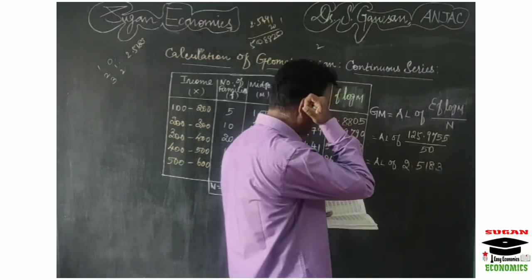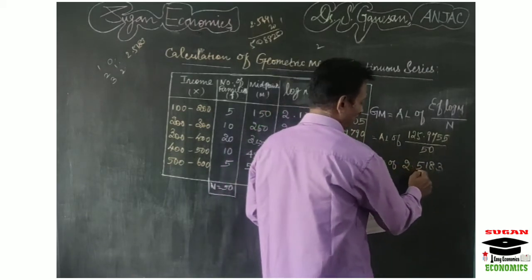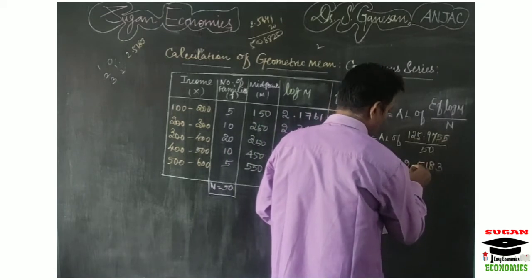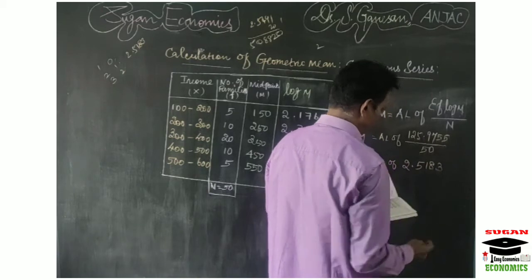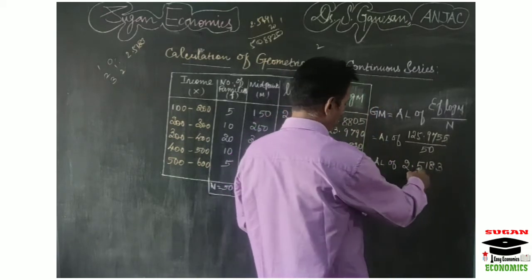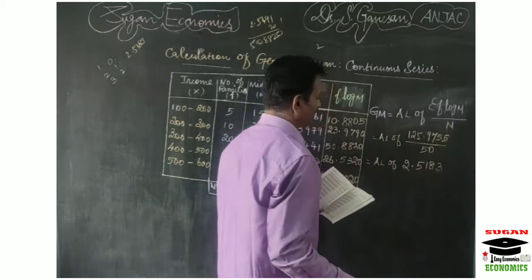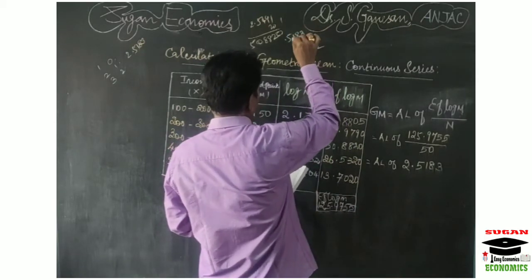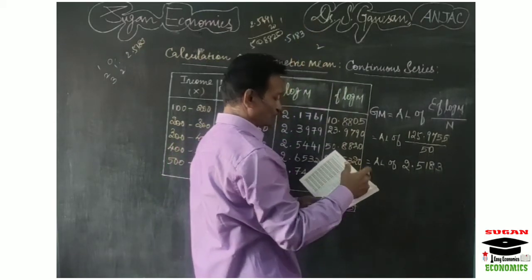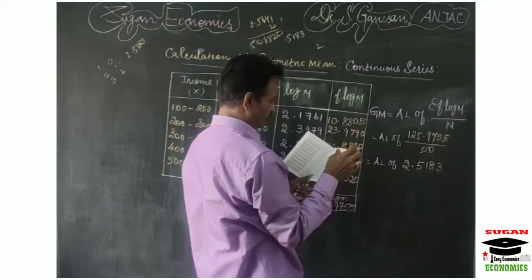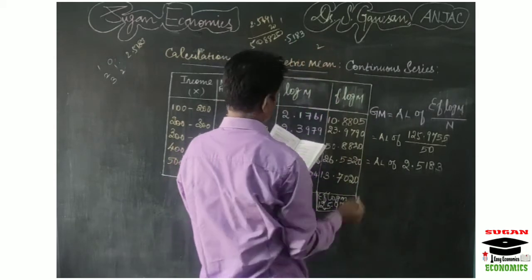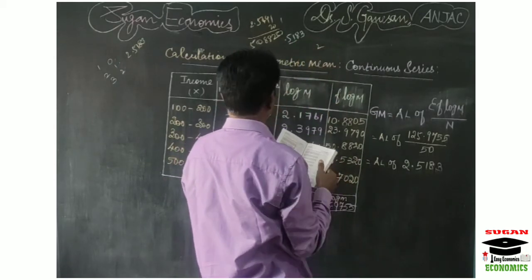So at the time of taking anti-log, we have to take into consideration the value after the decimal point. So the value after the decimal point is 5183, that is 0.5183. So in the anti-log table, first you have to take the first two digits, that is 51. It should be taken on the row.